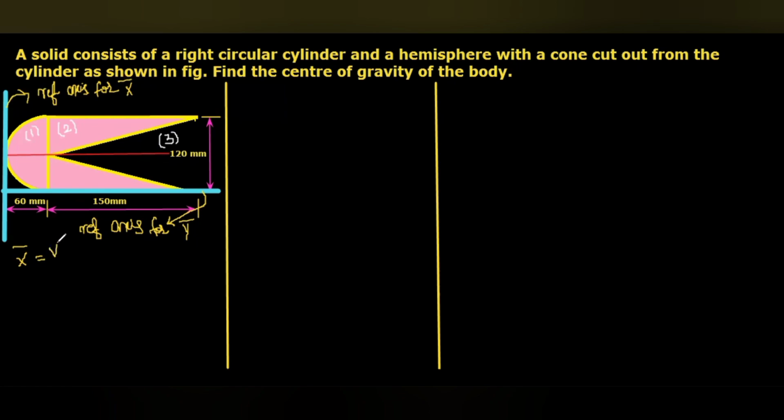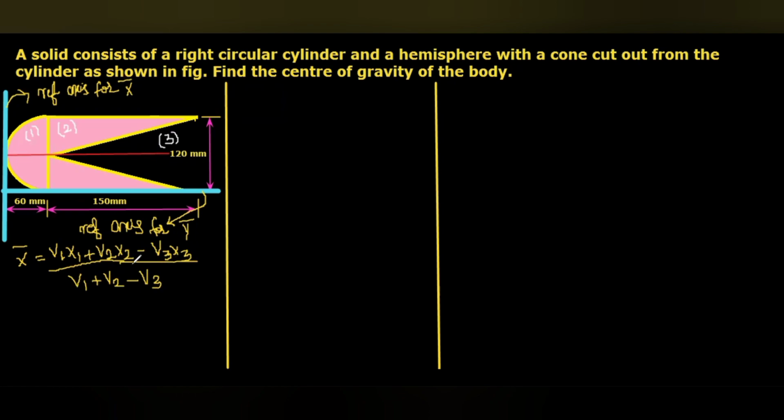So x bar equals v1 x1 plus v2 x2 minus v3 x3, divided by v1 plus v2 minus v3.